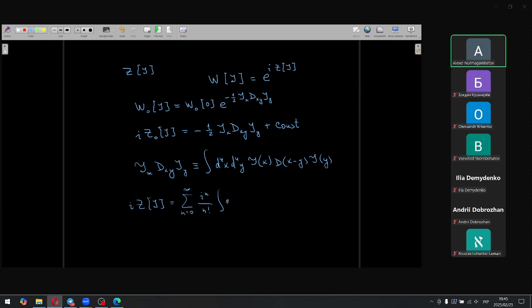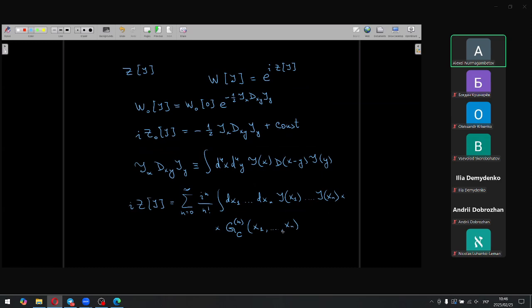Here we have multiple integrals over dx1 dxn, and then the product of external sources at different points x1 xn multiplied by the connected, this C for connected, n-point Green's function.